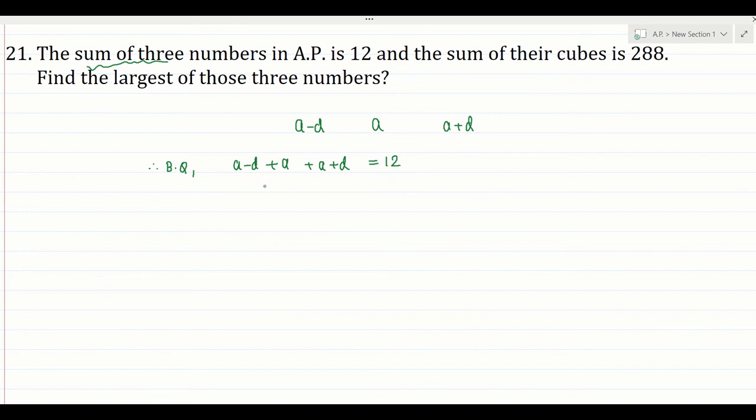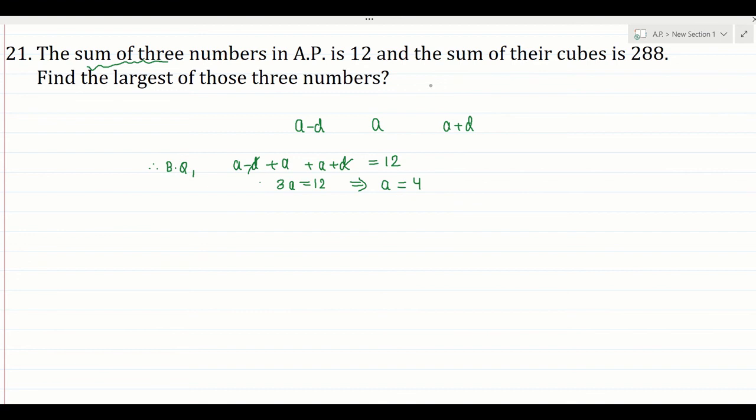Minus D plus D cancelled, 3A is equal to 12. It implies A is equal to 4. Is this clear? Okay, we found the value of A.